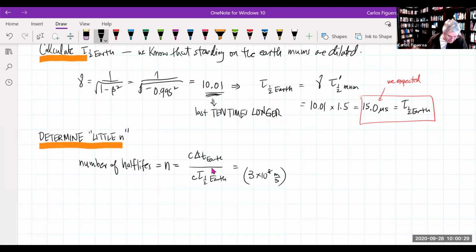That's for the speed of light. We saw that the time measured is 15 microseconds. And I'm going to divide that into what we just calculated a moment ago, 1839, and I get a value of 0.41 for little n.